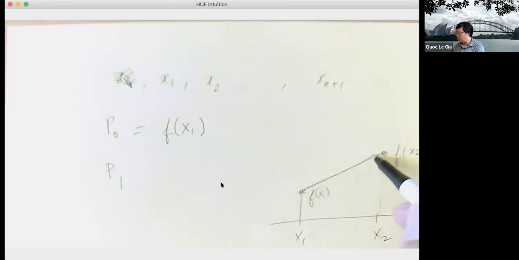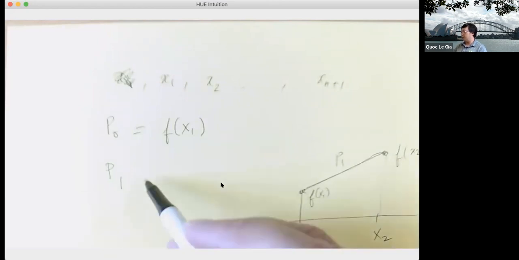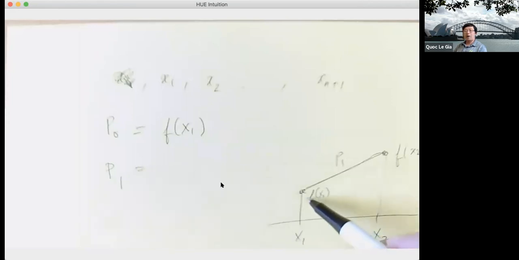So this line that goes through those two data points is P1. Yeah. So then what does P1 equal? P1 has to go through x1 and x2, right?